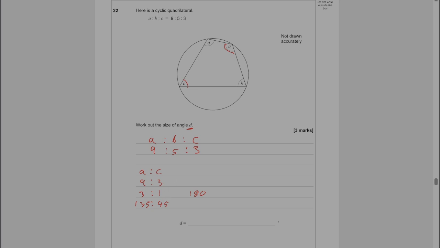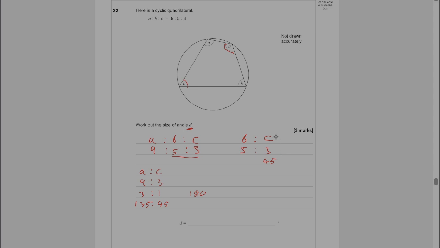Okay, so if I jump back up to here, B to C is 5 to 3, and we've just said that B is 45.